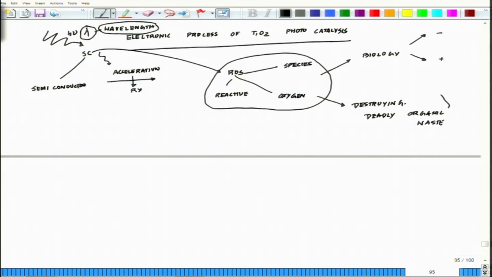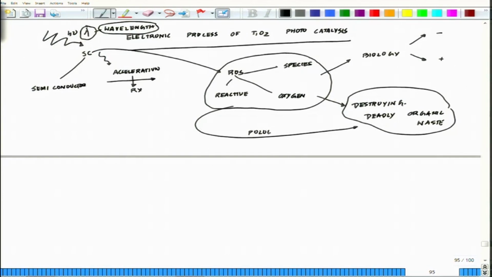So, ROS in a different context could be used for a totally different purpose. Now, coming back to the mechanism, which can lead to the photocatalytic transformation of a pollutant, here we are talking about the pollutant disposal aspects of it.